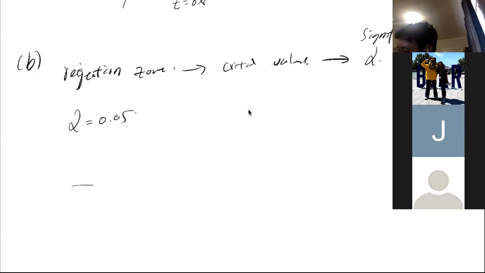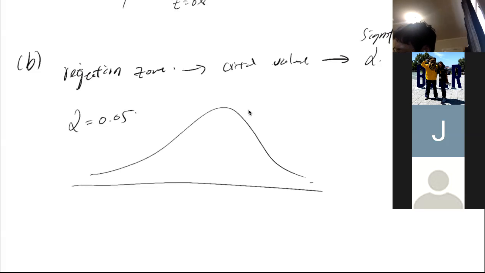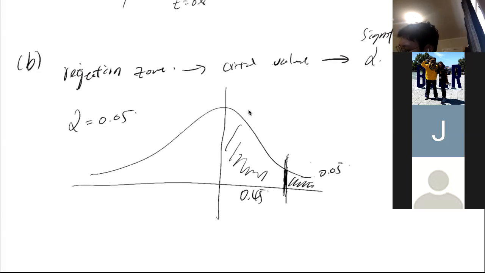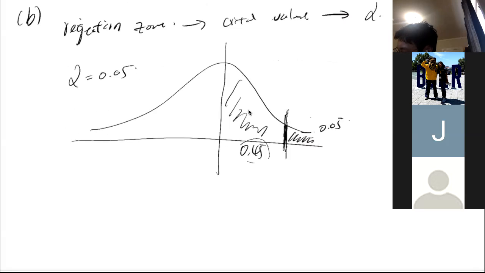So that means on the graph, there is a point where this area is equal to 0.05, and this is our threshold for the rejection zone. And that means this area here is 0.45. But that 0.45 is precisely the z-score at this point. So the z-score of something equals 0.45.